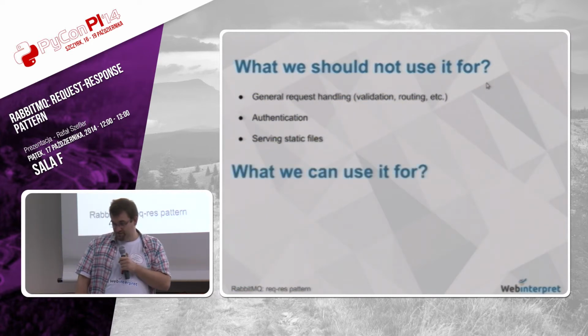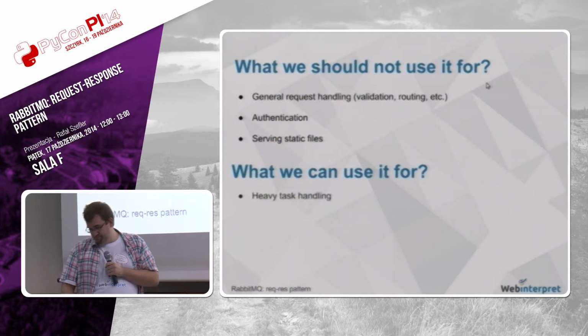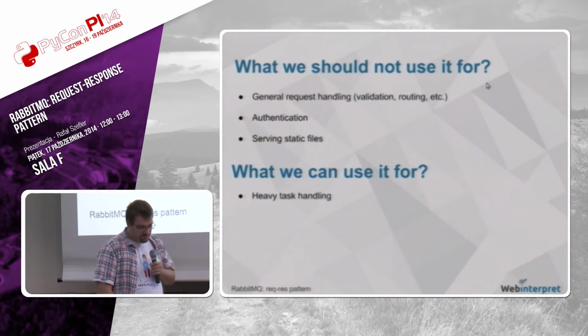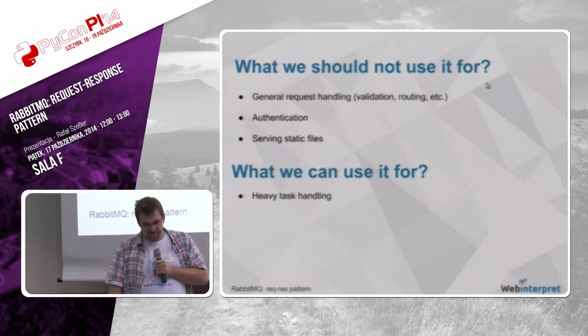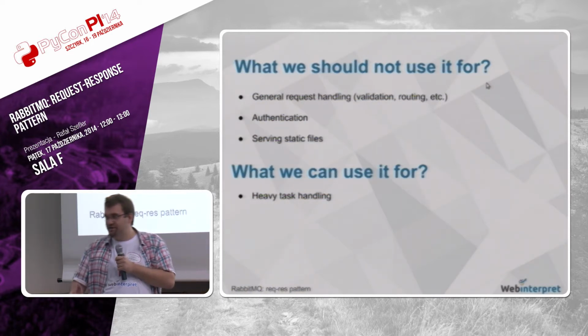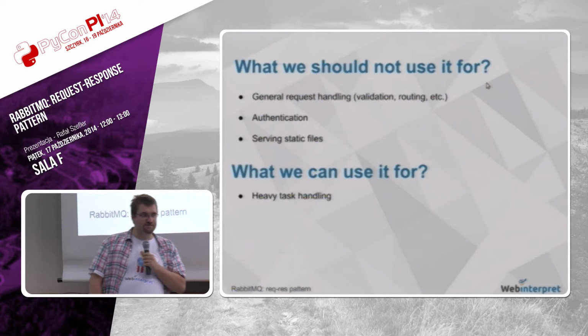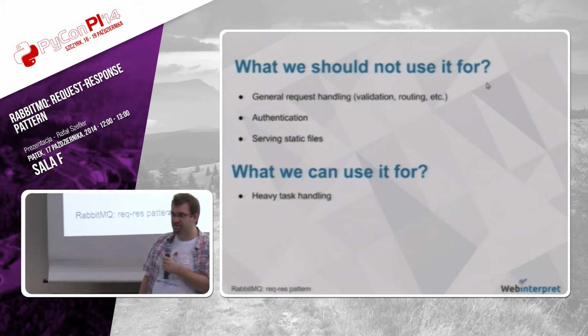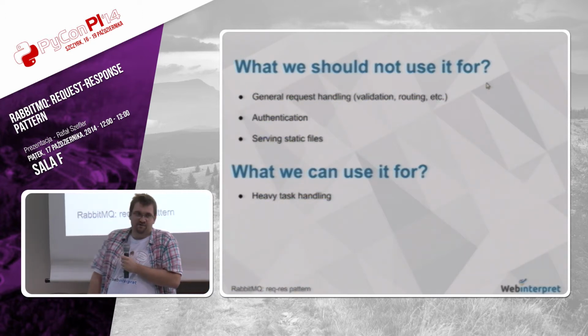But what can we use it for? Heavy task handling. So if our web server has to do some hard processing, we can just pass this request to our workers. And if we need more horsepower, we just add workers. Not a big deal. We can do this on the fly. We don't have to stop the production server or do any magic.